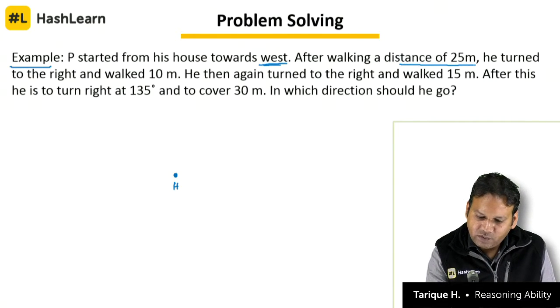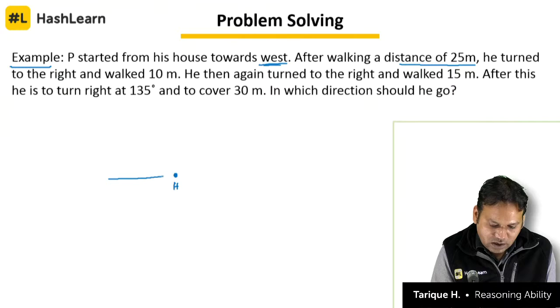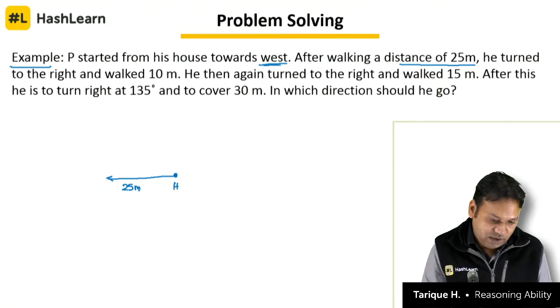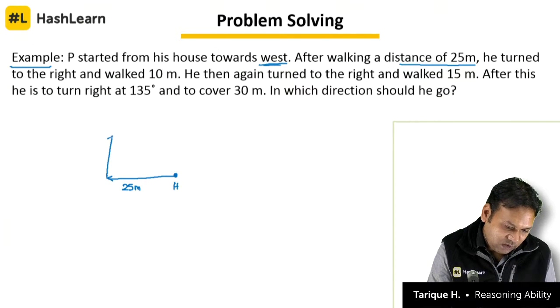After walking a distance of 25 meters, he turned to the right and walked 10 meters. So he turns right and walks 10 meters.